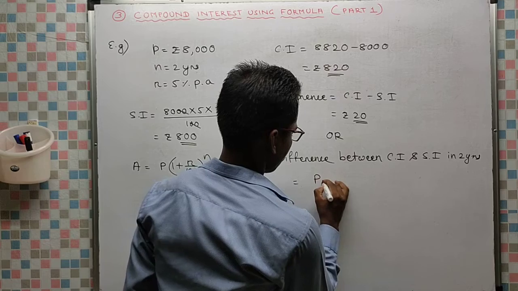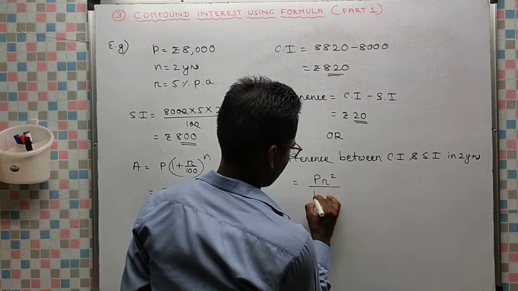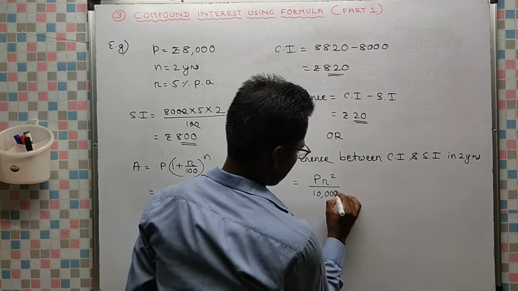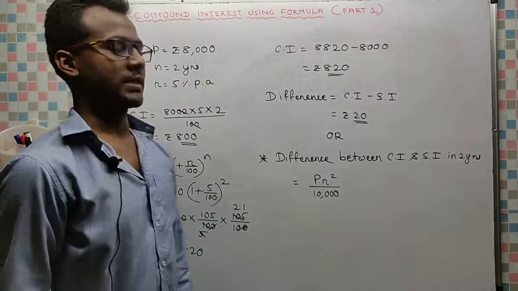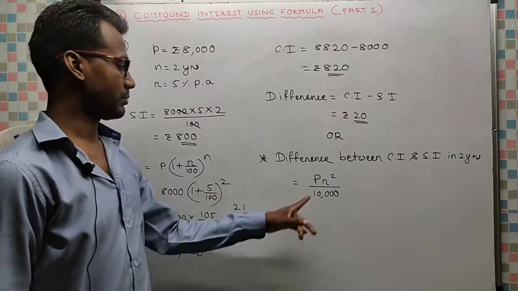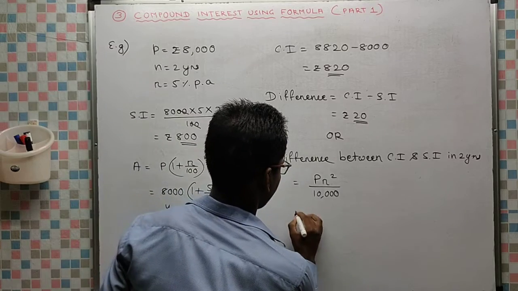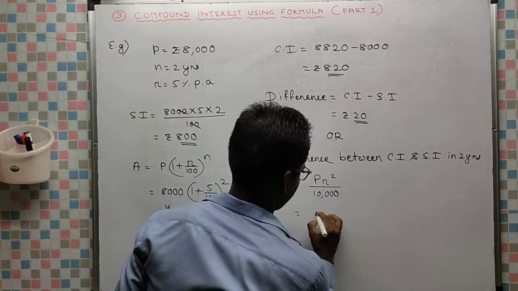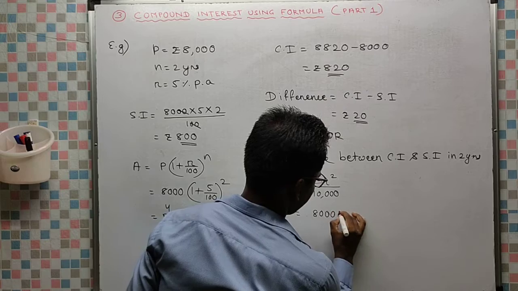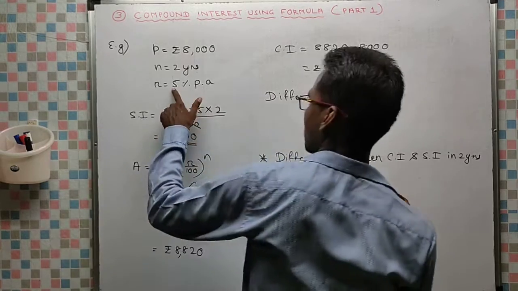Is equal to P r square by 10,000, which is equal to principal is 8,000, rate is 5, as you can see.